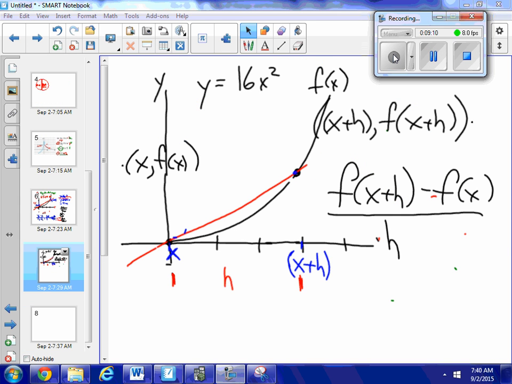If I go back to my original problem of average speed, average rate of change, I can now use this formula to calculate that. You'll see it comes out the same. Let's just do it. So if I go back to figuring out the average rate of change over these 3 seconds right here, I can say this.